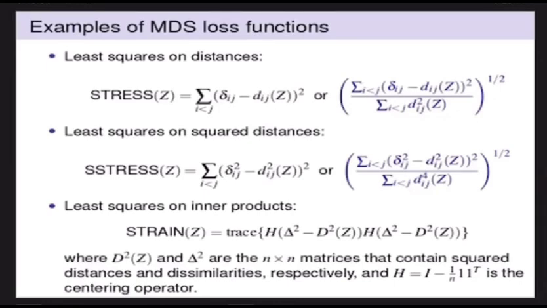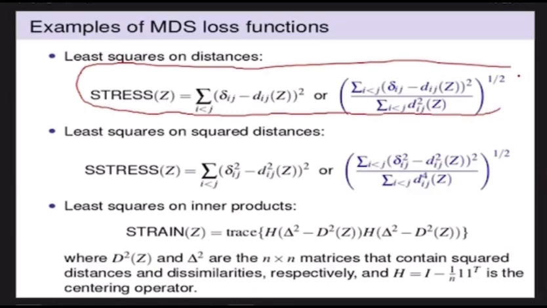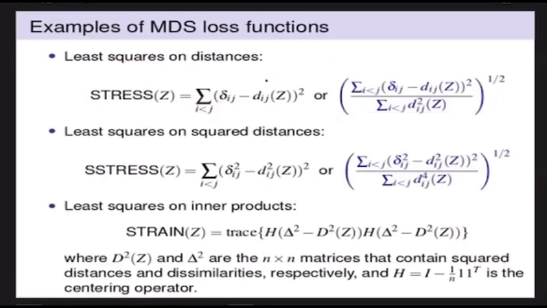So when I talk about loss function now, number one, I need you to pay attention to this guy. Take a look at this. That guy is the dissimilarity, the distance between points in the original data structure, in the higher dimension. But what about this guy? This guy, the d_ij, has to do with Z. What is the Z?